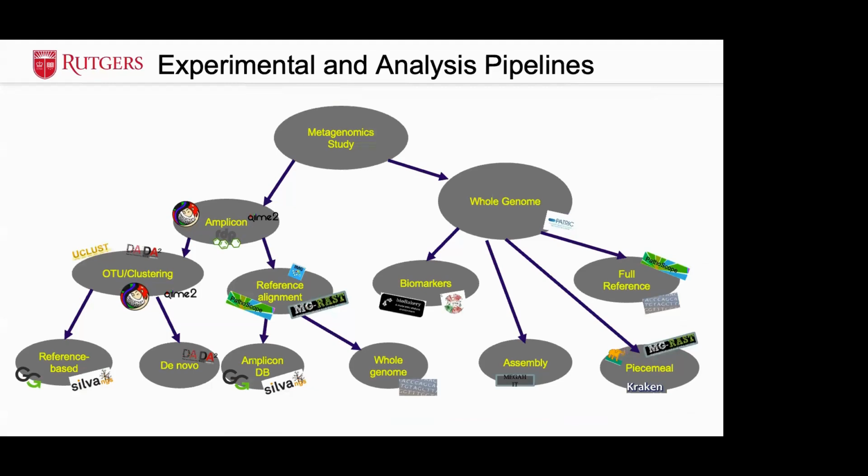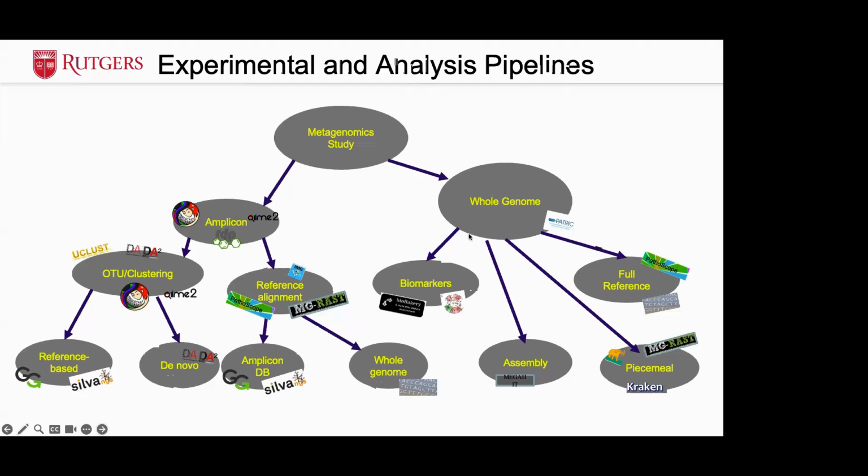This is a very messy and possibly confusing representation of existing tools for studying the microbiome. When you're looking at the microbiome, you want to decide whether you're going to do whole genome or whole transcriptome sequencing, or just look at the 16S. That's what's over here.